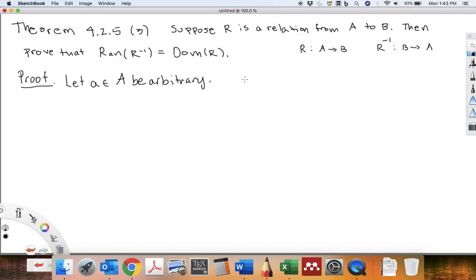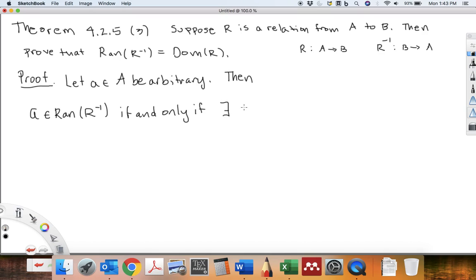And now this is just straight appealing to the definition. Then a is in the range of R inverse if and only if, and this is a biconditional, so if we can get to a being in the domain of R, then we're done. And so what does it mean for a to be in the range of R inverse?